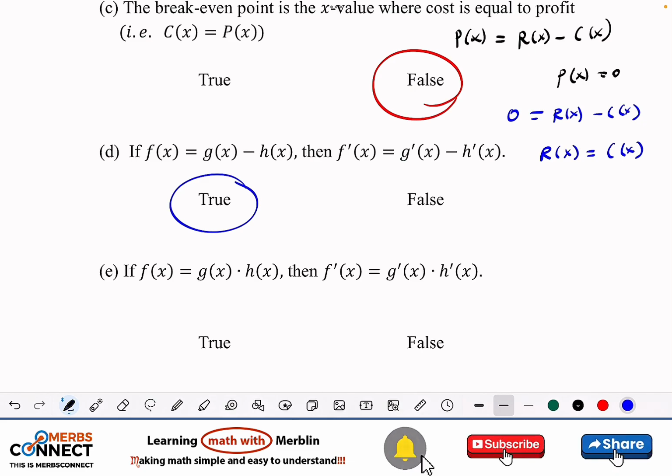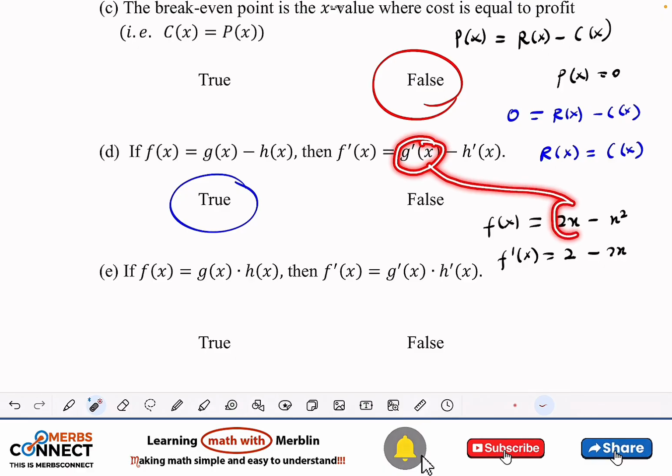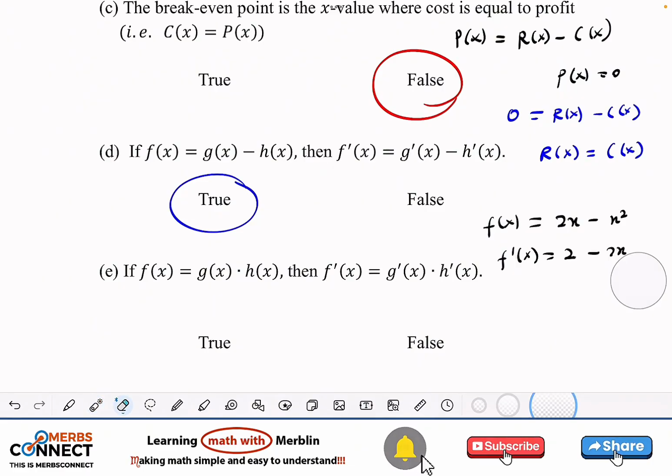So if I have f of x equal to 2x minus x squared, then f prime will be differentiating this, which will be 2, minus differentiating this, which is 2x. So the idea is to differentiate g, so let's assume that g of x is this, and differentiate h, so let's assume that h of x is also this. So this is indeed true.